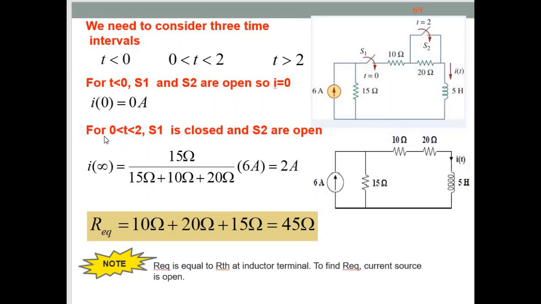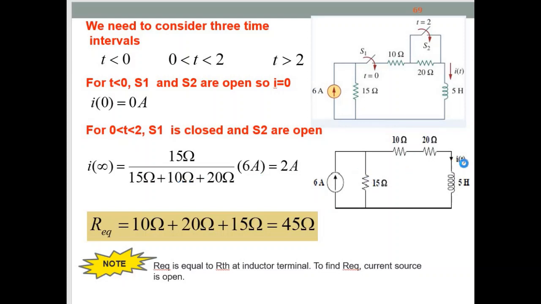Continuing back here, when 0 less than t, t less than 2, there's the switch. Remember, the switch up here will be open circuit, no line will be considered up here.